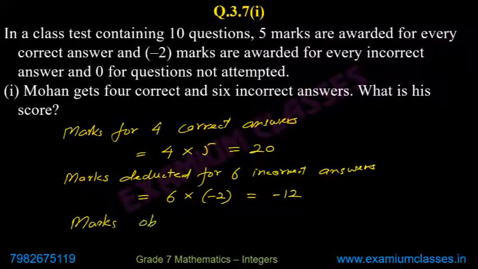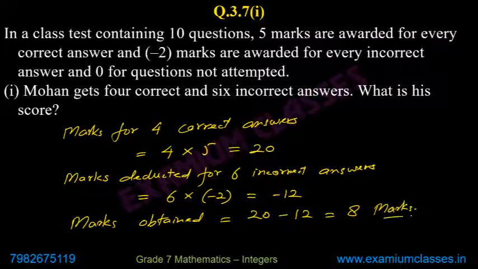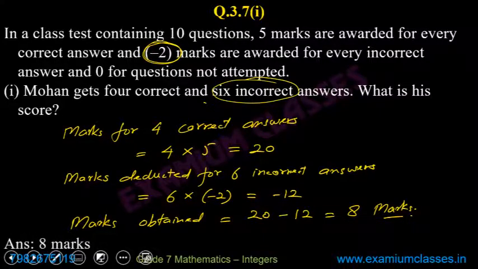Hence, marks obtained: 20 for correct, then deducted 12 for incorrect, total 8 marks finally. 6 incorrect means, and for each minus 2 deducted, so 6 into 2, 12 will be deducted. Final answer 8 marks.